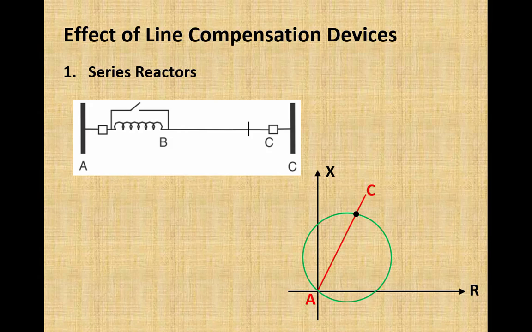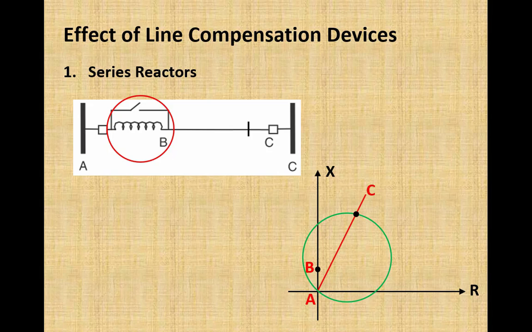Now the presence of this series reactor will introduce a discontinuity in the line impedance, just as the presence of the series capacitor did. This time the presence of this reactor will move the impedance at point B after A. At A we have zero impedance.